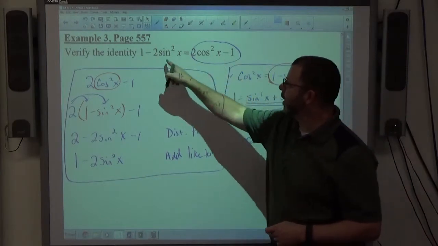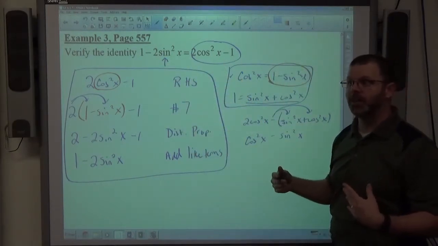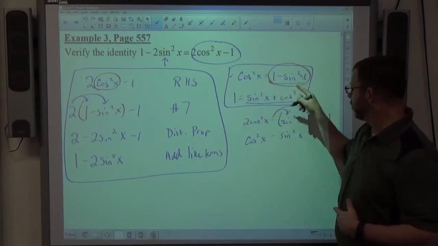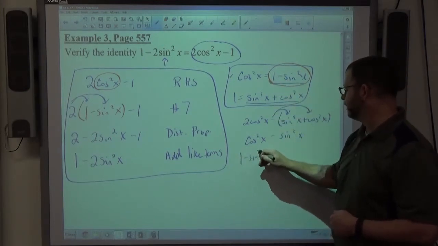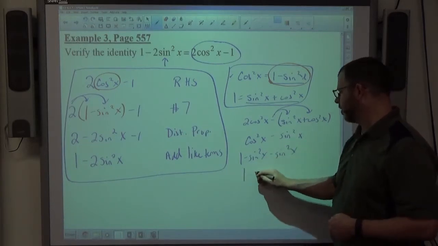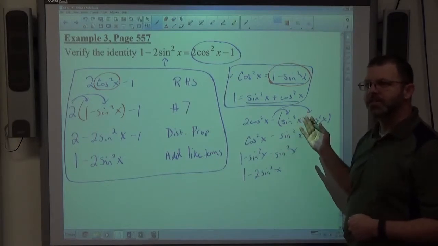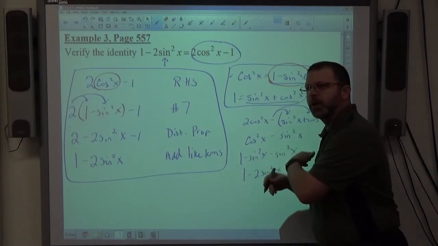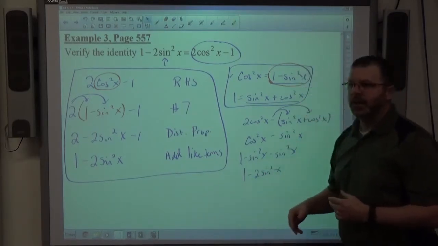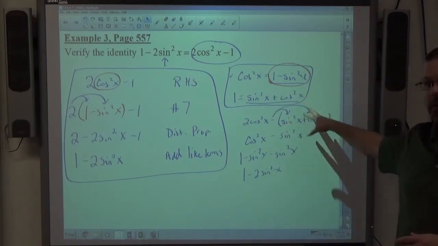I can see that I want to get just sine squared, so the fact that there's a cosine squared there tells me, hey, maybe I don't want that in there. So then I'd probably want to change this to 1 minus sine squared minus sine squared. There's 2 sine squareds. It's not wrong. A little bit more involved. But again, the fact is there's more than one way to get there. This is correct, I think, if you have all your stuff.